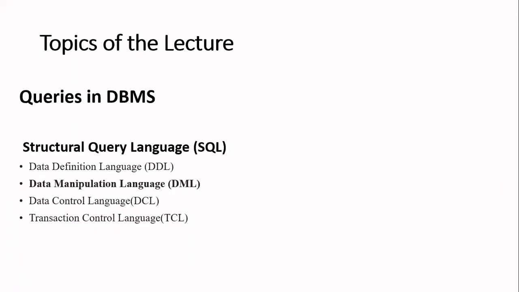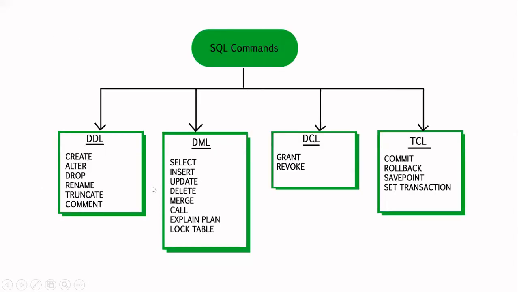Now, in today's lecture, we discuss the second topic, that is data manipulation language. As we are creating the table, the question arises: how to insert the record, how to update the record, how to delete the record, and how to select the record? All these things we do with the help of one language.